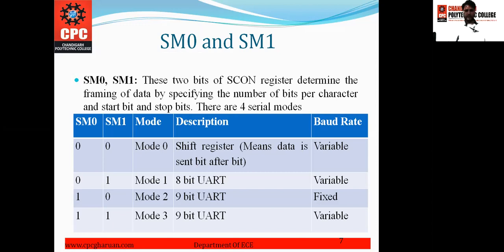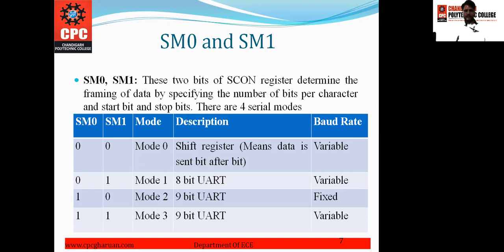Accordingly, the serial port operates in mode 0 if both of these bits are 0. Mode 1 is when SM0 is 0 and SM1 is 1, and mode 2 is for SM0 equal to 1 and SM1 equal to 0.